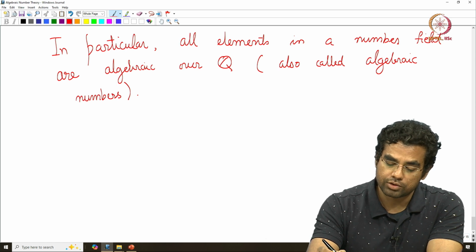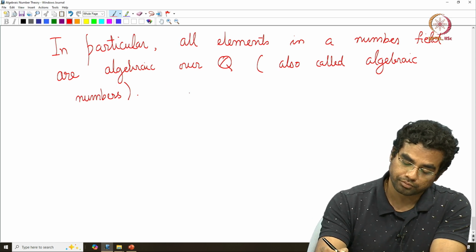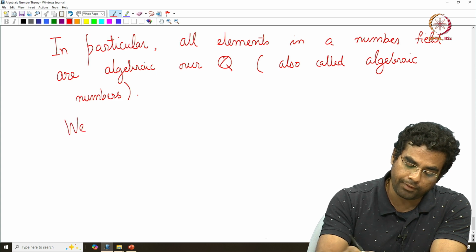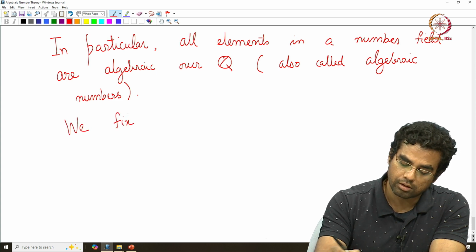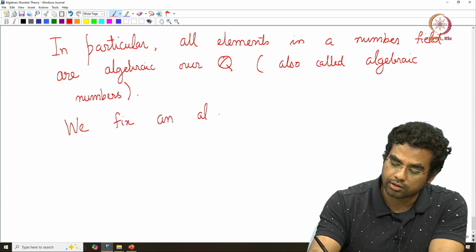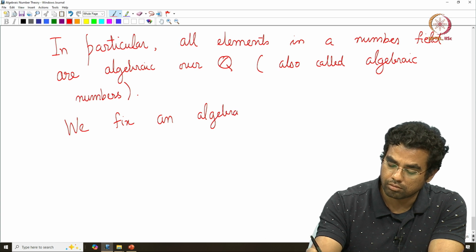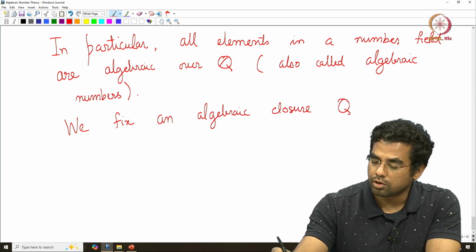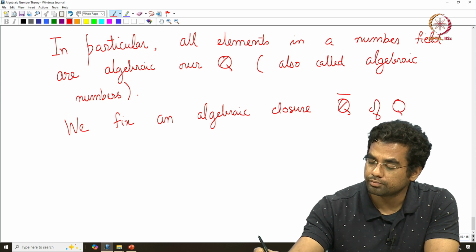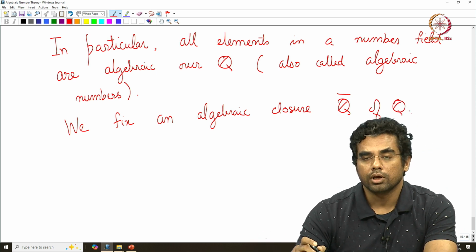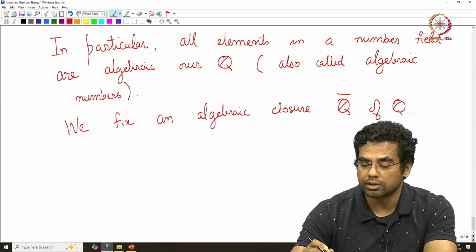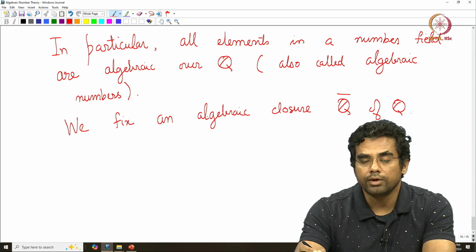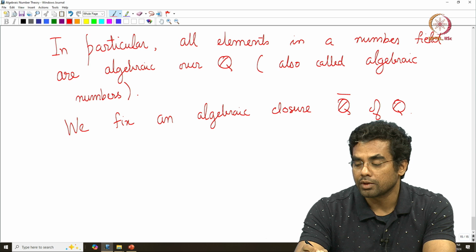So, this allows us to do the following thing. What we do technically is we fix an algebraic closure Q bar of Q. Okay. So, you may have seen in Galois theory or field theory that any field has an algebraic closure.